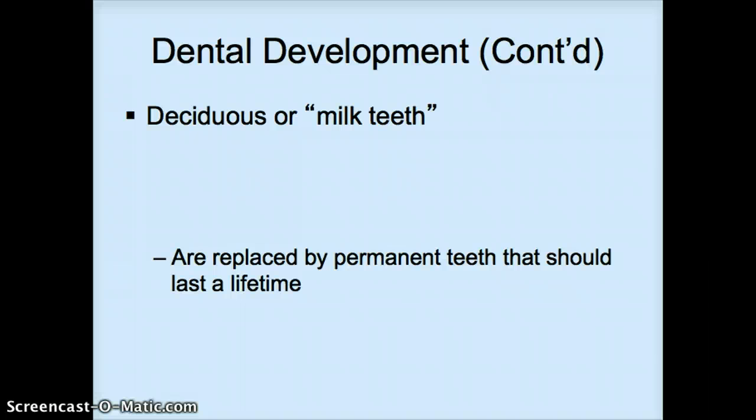The milk teeth begin erupting around 5 months of age, and they start pushing through the bone at around 6 to 9 months of age. These teeth are much smaller than adult teeth, and they are fewer in number. So babies have 10 teeth in each arch, whereas the adult arch has 16 in each arch.